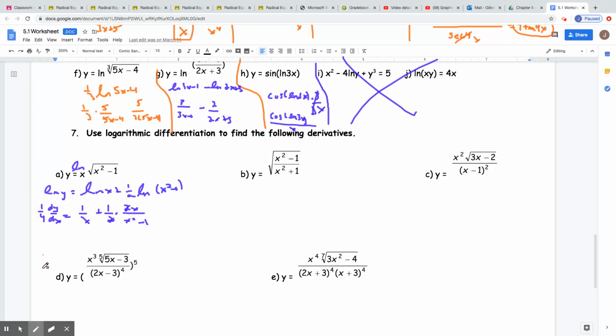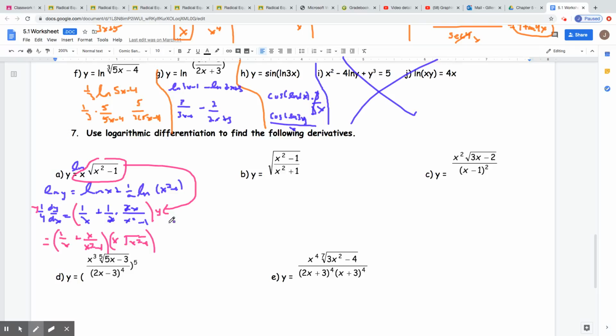Just to clean this up a little bit, remember, this is what y is, and this is going to go right there. So dy over dx, the answer is 1 over x plus x over x squared minus 1, times y. Now, if you just put y and draw the arrow, I told you that you can do it, absolutely. If you substitute it in, it would be x times the square root of x squared minus 1. But you can just draw the arrow and put y there, just like I showed you in the notes.